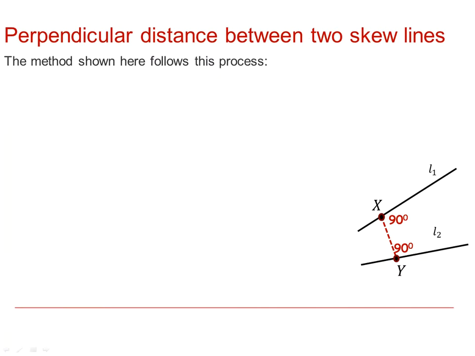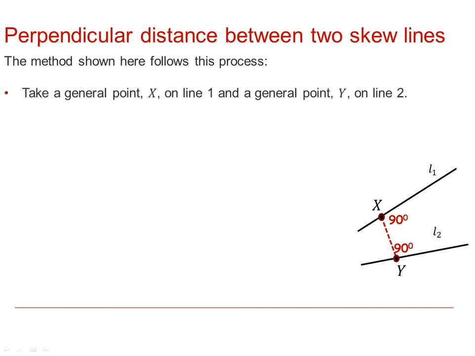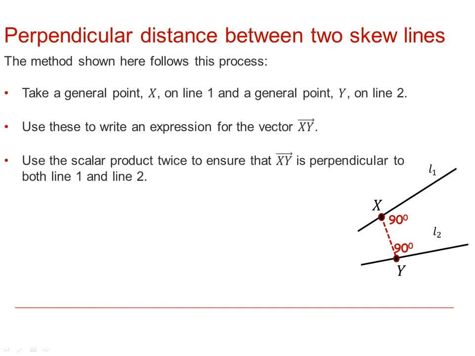So the method goes as follows then. We take points X on line L1 and Y on line L2, and from those we find an expression for the vector XY. We then need to show that that is perpendicular to L1 and L2, and we can do this by finding two dot products, the dot product with each of the directions for L1 and L2.